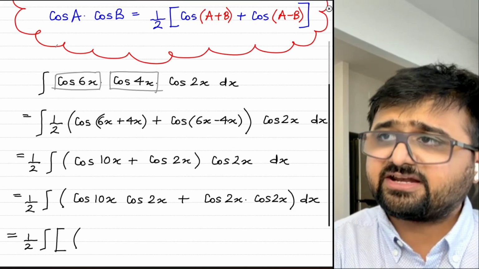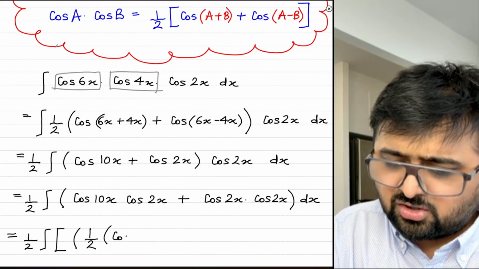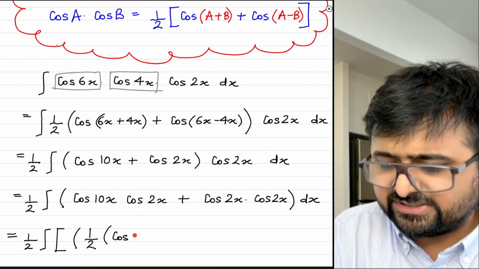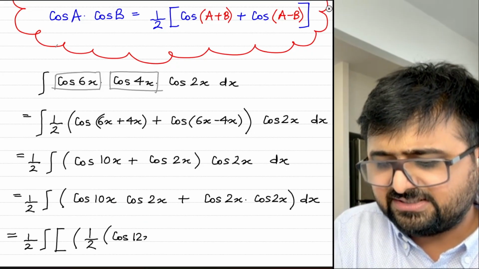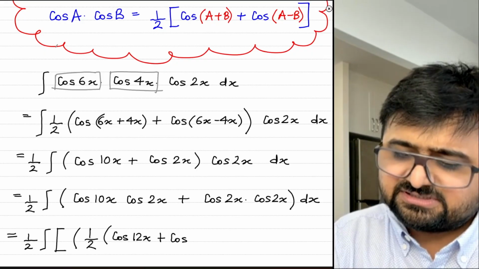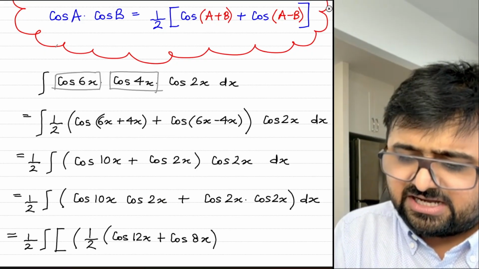So if you apply the defactorization formula again, I'll again get half. I will get cos A plus B, so you add those angles. 10x plus 2x will give you 12x, plus cos A minus B, which is 10x minus 2x, which is 8x. I hope that makes sense.